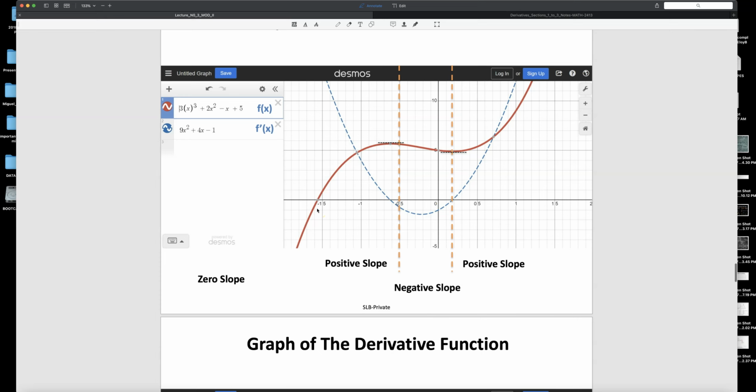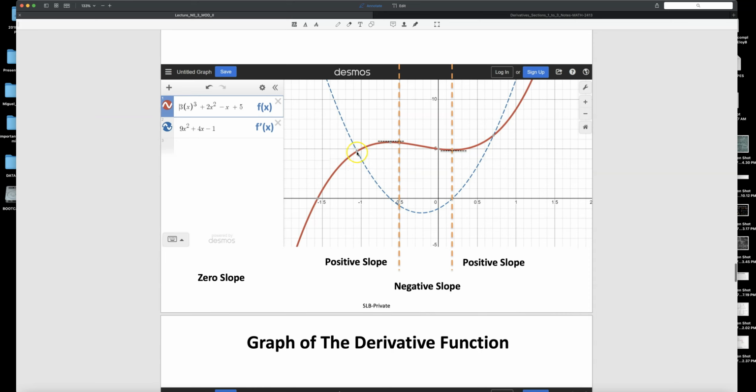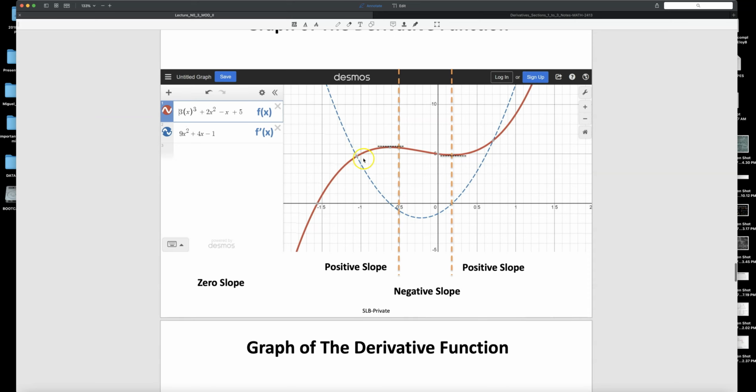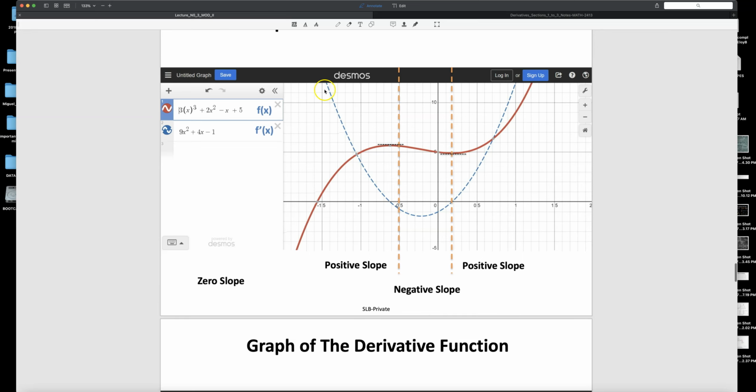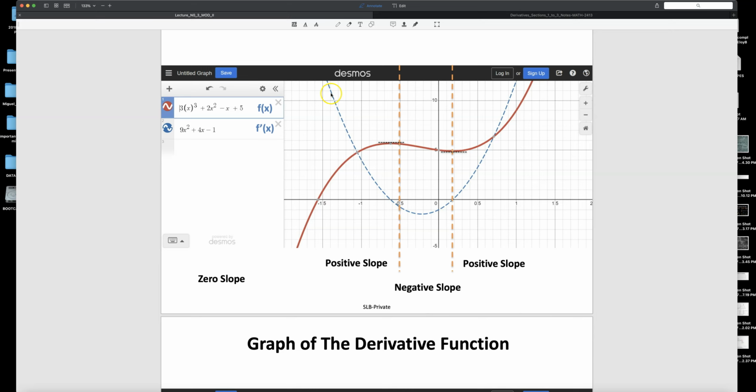Well, look at the derivative graph. The derivative graph is on the positive side, but it gets smaller, smaller, and smaller in value.